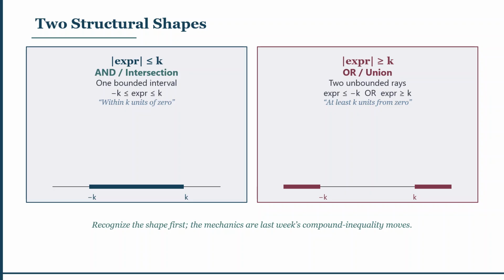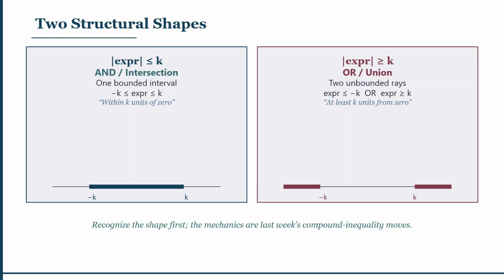Shape 1. The absolute value of an expression is less than or equal to k. Read, the expression is within k units of 0. This is an intersection. The solution is one bounded interval. Shape 2. The absolute value of an expression is greater than or equal to k.